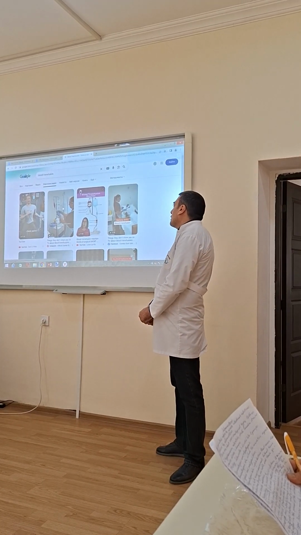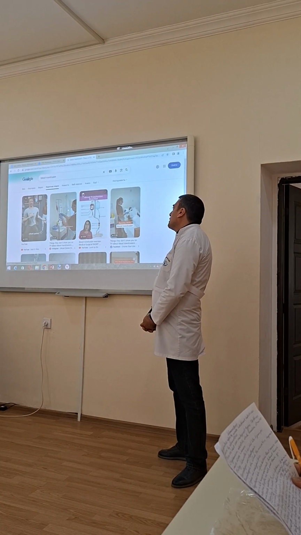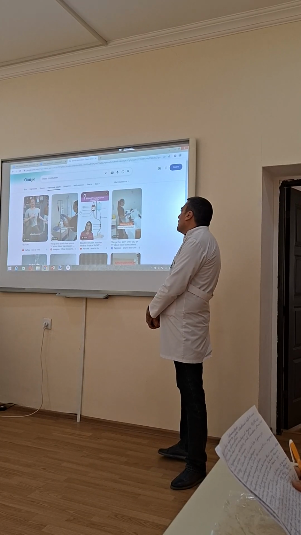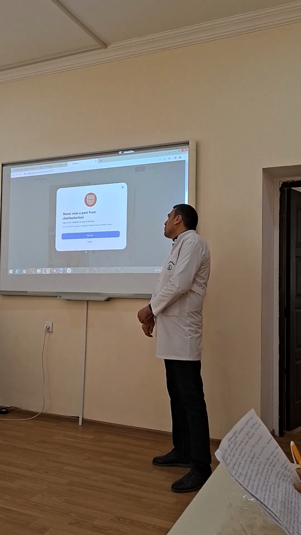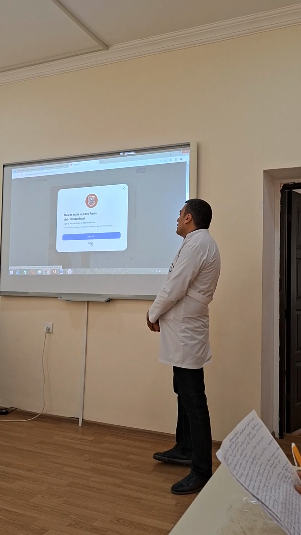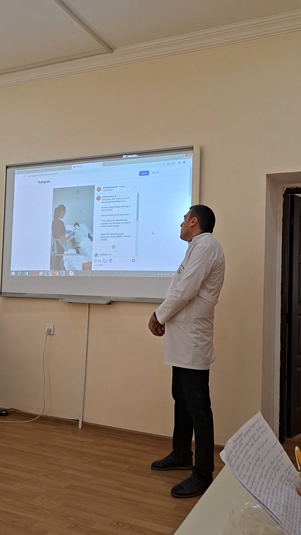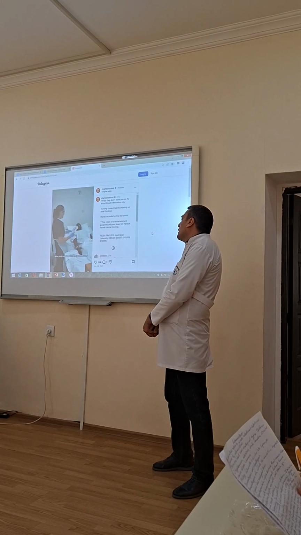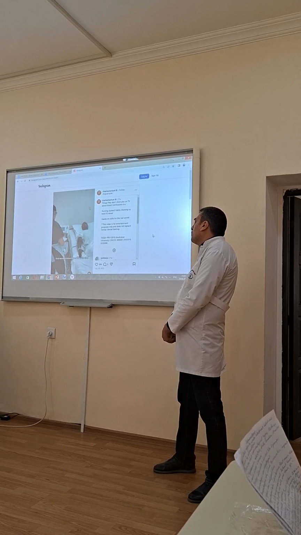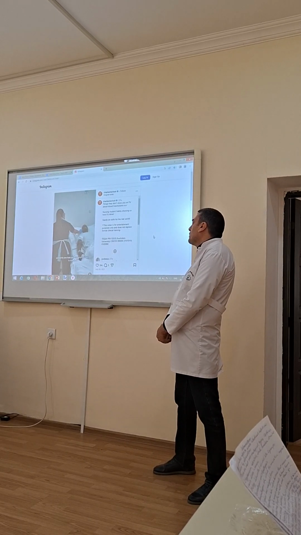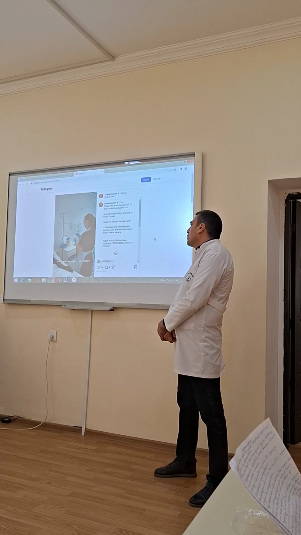There are several types of blood transfusion. These are direct blood transfusion, indirect blood transfusion, exchange blood transfusion, and autologous blood transfusion. Most commonly, the main type of blood transfusion is indirect blood transfusion, when blood is taken from a donor, preserved and transfused to a recipient.